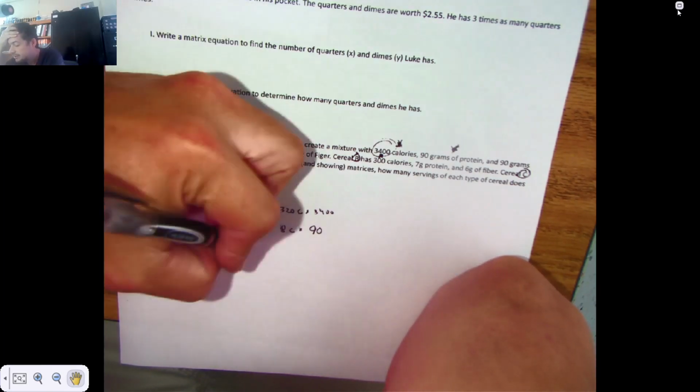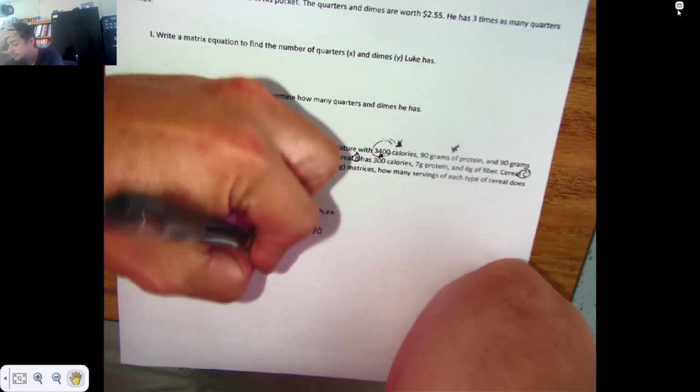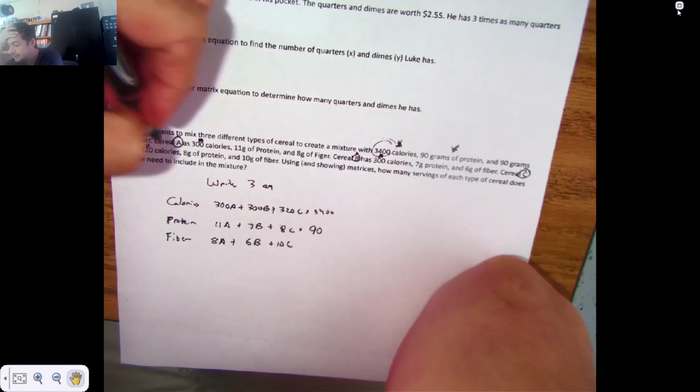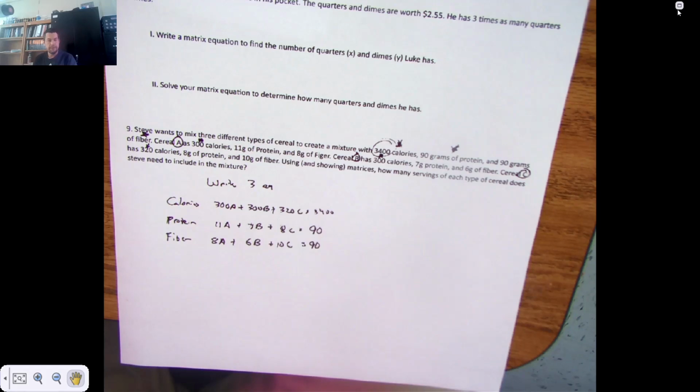Cereal B is 6. And cereal C is 10. And he wants 90 grams of fiber. Our job here is to find the best mixture of these three cereals. Take the best parts of each one of them. All right? And we have three equations.